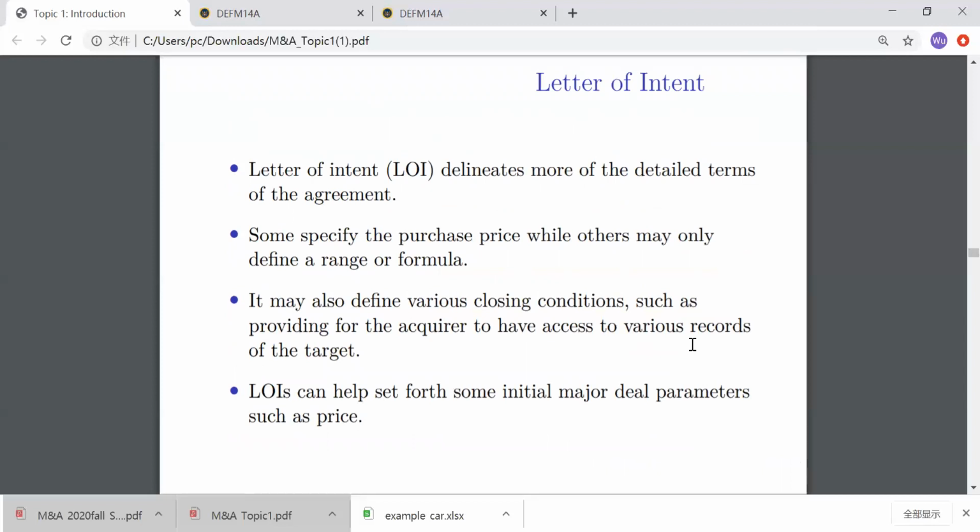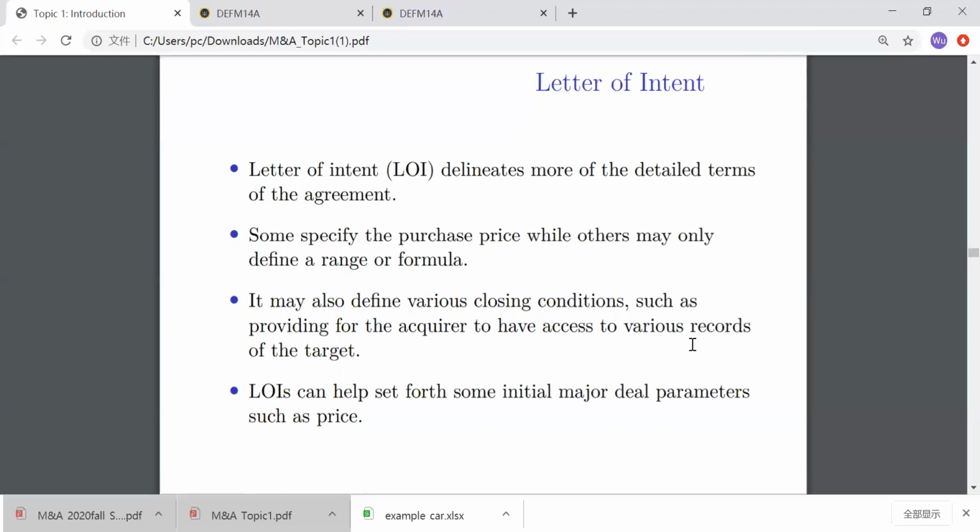And also another document here, further in the process, is called the letter of intent. This letter of intent delineates more of the detailed terms of the agreement. Some of these letters will specify the purchase price, and other letters may only define a range or formula. For example, I'm willing to make an offer in the range of $100 to $105 per share.